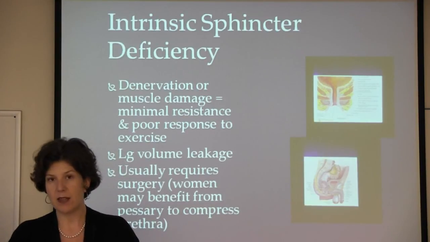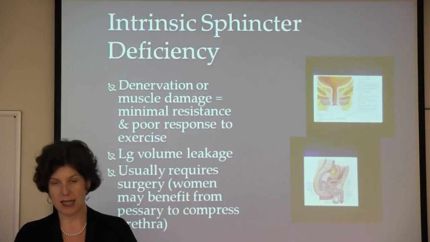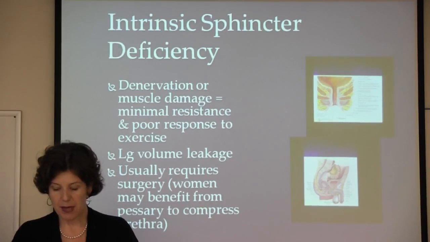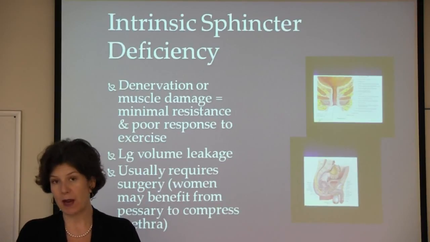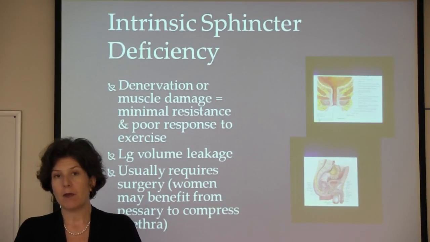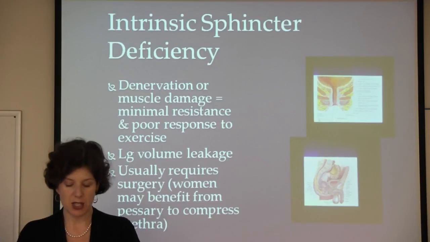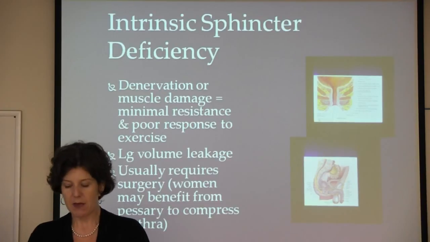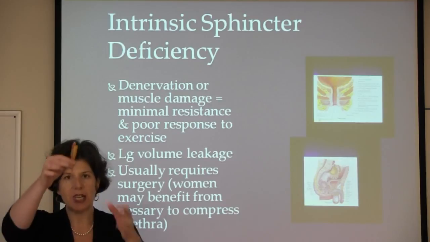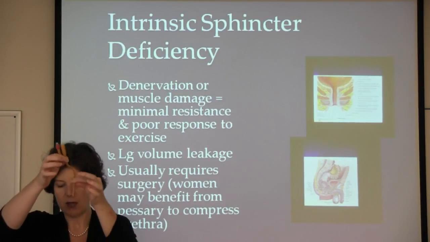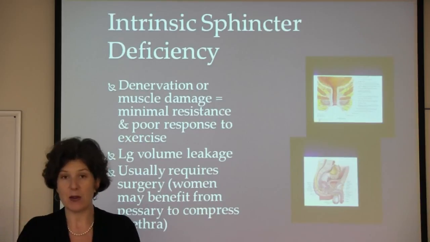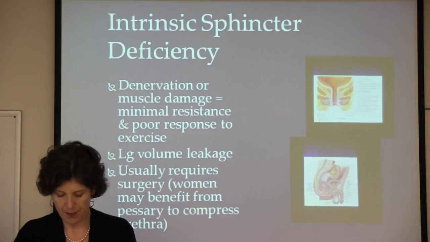And it can also be done secondary to a radical prostatectomy, which is a lot of times where we see it in men. But with current surgeries such as robotic surgery and nerve-sparing prostatectomies, this is actually decreasing. The end result is that you have this rigid urethra that doesn't move, that doesn't close, and it has basically zero resistance, and you'll leak.